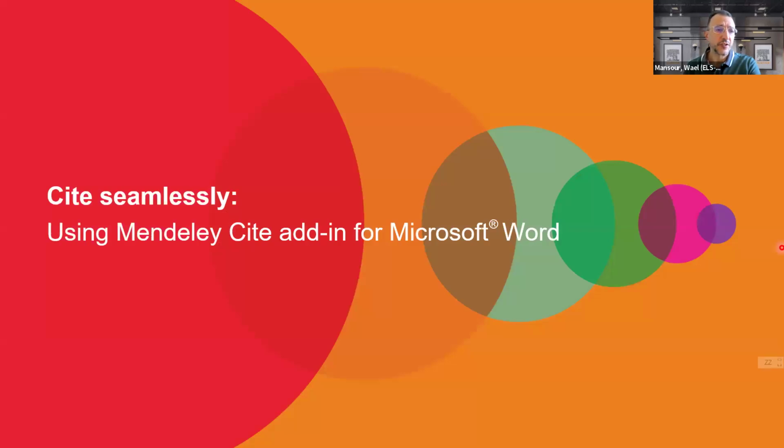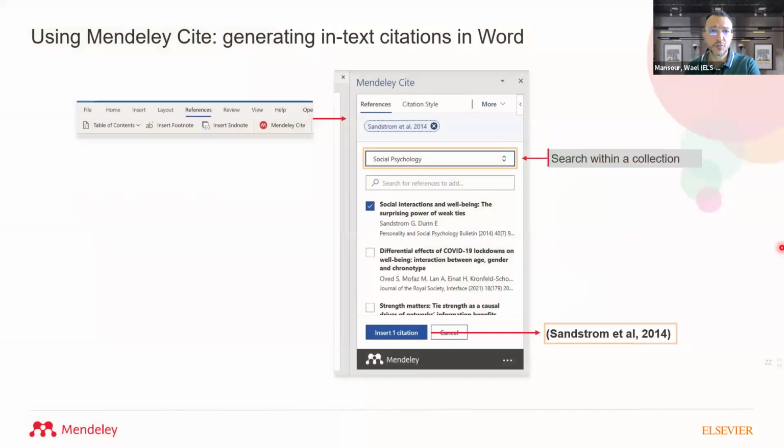Another very important option of Mendeley is Mendeley Cite, the add-in to Microsoft Word. You will see it here in the toolbar of Microsoft Word under References. Once you install it, as we have seen in the beginning, you will have this icon, Mendeley Cite. And while you are typing your research, you can search for one of the references.